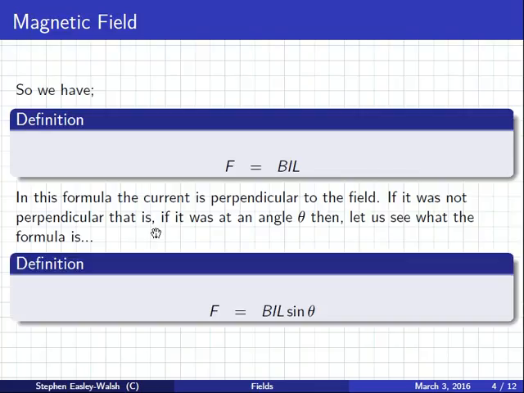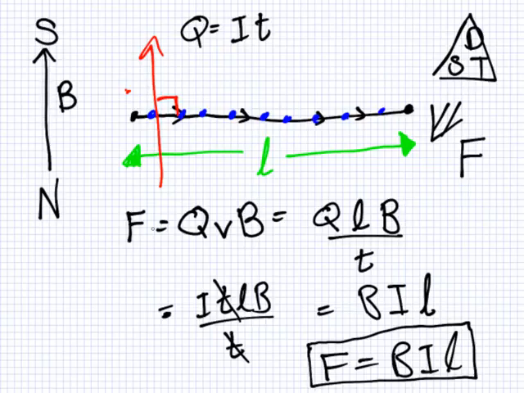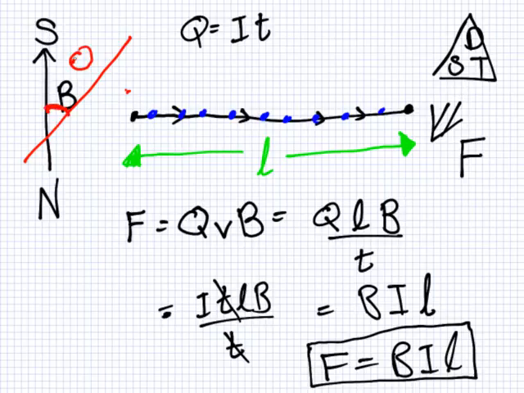Not really too much of a surprise. Let me draw that again, but instead of moving the field, I'll move the wire. Instead of being horizontal, let's imagine the wire is going like this. And this angle here, instead of being 90, is theta.